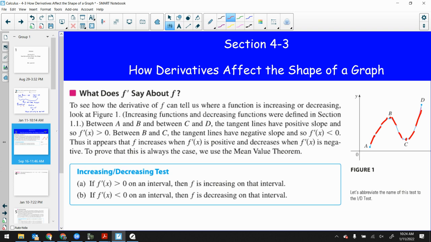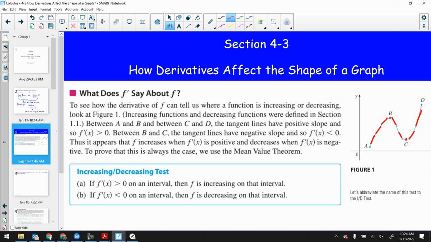And then it's continuing and continuing until it reaches that local minimum point. And then the slope starts to change and go back up, right? So I can say this. At every point the function is increasing, the slope of the line is positive. The derivative is positive. At every point the function is decreasing, the derivative is negative. The slope of the line is negative.